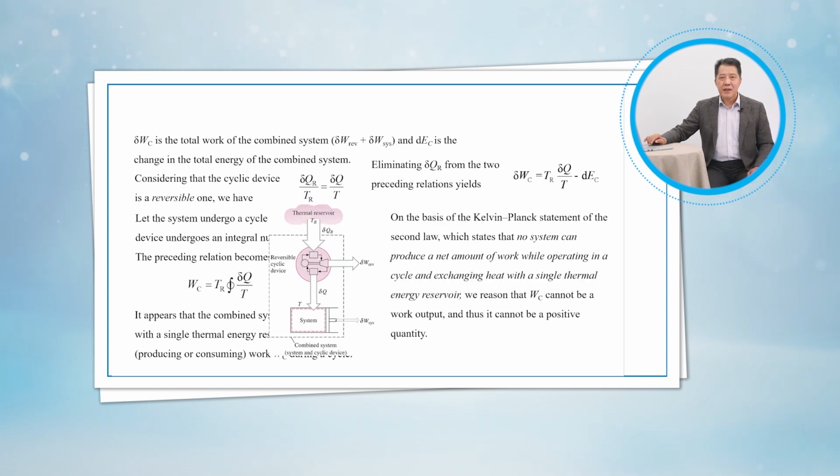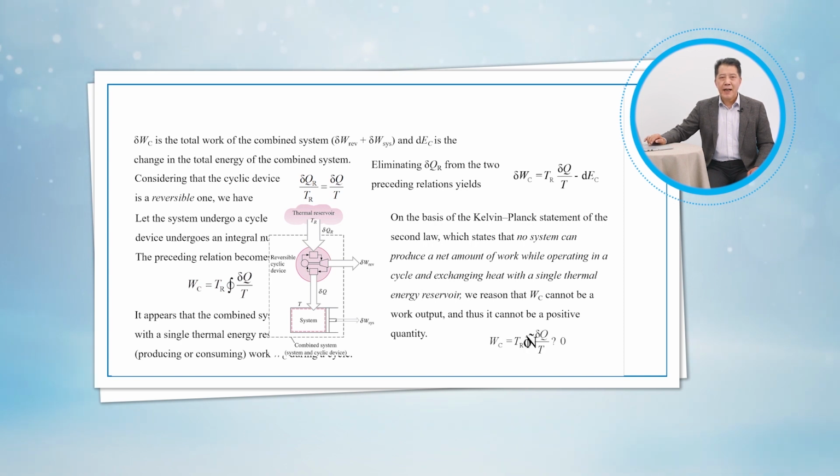On the basis of the Kelvin-Planck statement of the second law, which states that no system can produce a net amount of work while operating in a cycle and exchanging heat with a single thermal energy reservoir, we reason that WC cannot be a work output, and thus it cannot be a positive quantity.